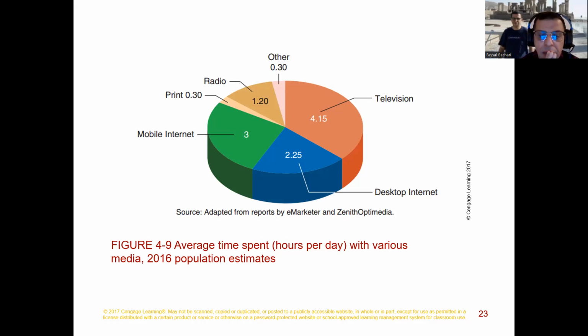And you notice here the average time spent per day in hours. So people spend right now more on television. There is 2.25 hours per day on desktop internet, 3 hours daily on mobile internet, some on print, radio, like a book and all these things, and some 1.2 hours on radio, and the others.